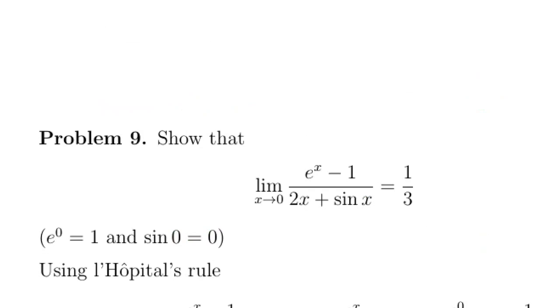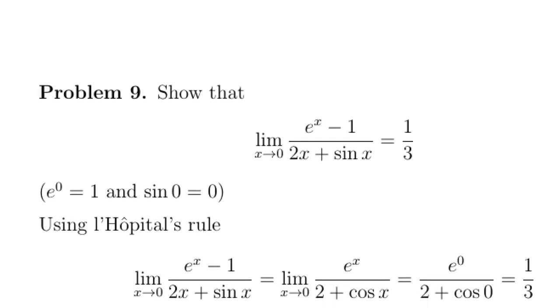In problem 9, the last problem of this video, we want to show that the limit of this quotient, or fraction, as x goes to 0 comes out 1/3. Well, of course, it's not easy to see where that number comes from, but we won't worry about that since we can use L'Hopital.